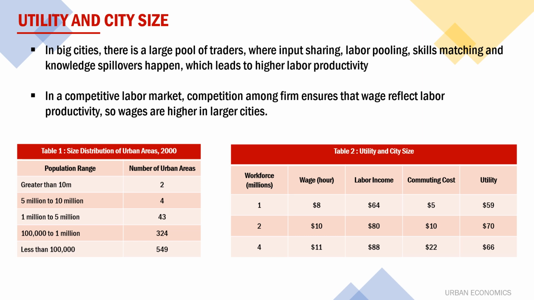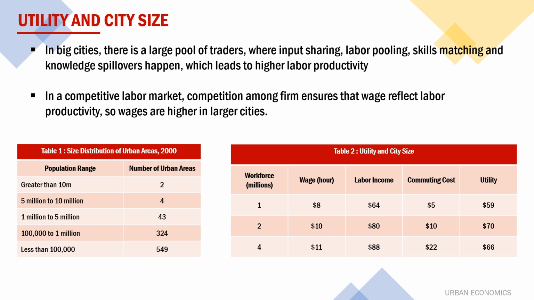The commuting cost increases with city size, and a doubling of the workforce from 1 million to 2 million doubles the commuting cost per worker from $5 per day to $10 per day. Doubling the workforce again, from 2 to 4 million, also doubles the commuting cost.